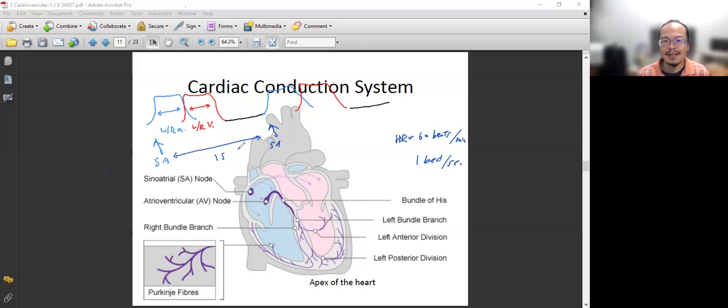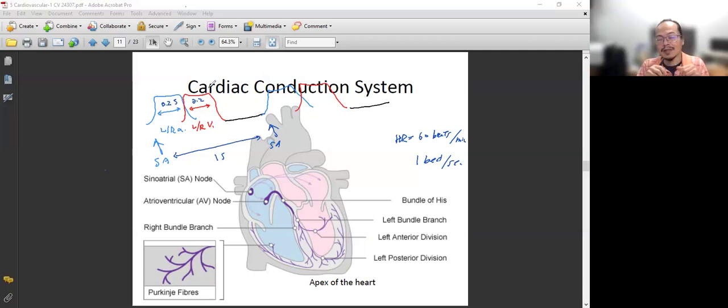And so basically you will have the beginning here is 0.2 seconds. That is the atrial contraction, both left and right contract. Squeeze the blood into left and right ventricle. Then left and right ventricle will contract for another 0.2 seconds. Contract.